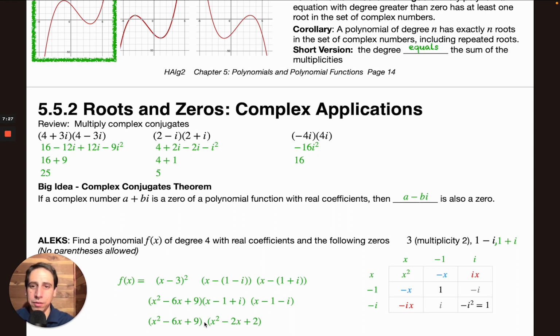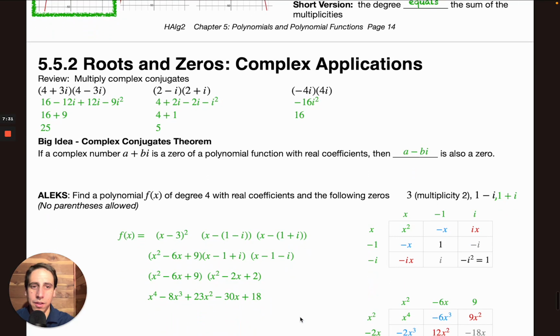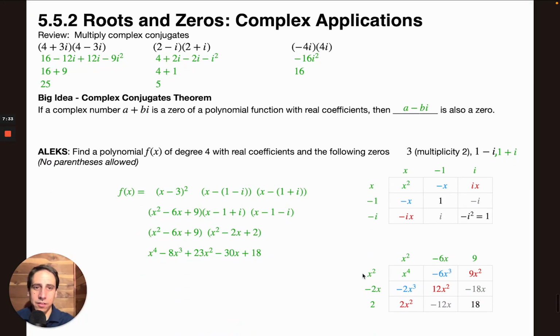At this point all the i's drop out, and now we have a trinomial times a trinomial, and you can do another box. It's going to look like this: x squared minus 6x plus 9, x squared minus 2x plus 2. You do all the multiplying. I'll give you a little bit of time to copy it down. You notice that x squared times x squared is x to the 4th. x squared times negative 6x is negative 6x cubed. x squared times 9 is 9x squared.